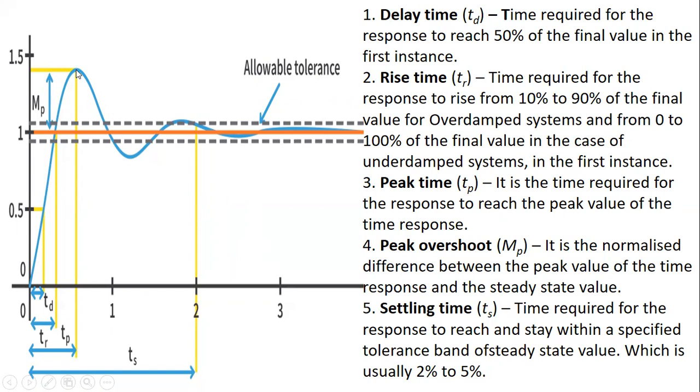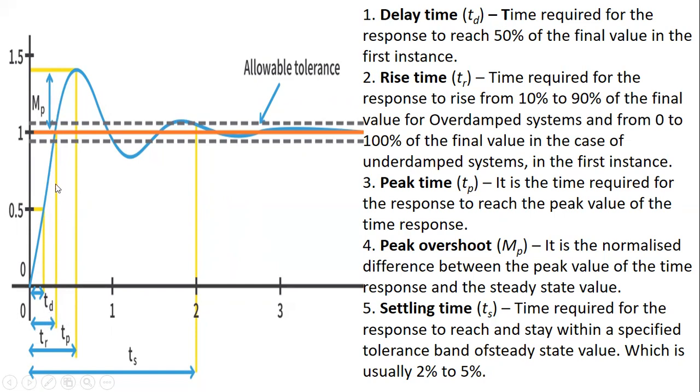Rise time is nothing but the time required for the response to rise from 10% to 90% of the final value for an overdamped system, and from 0 to 100% for an underdamped system in the first instance. That's the rise time you will see here. This is TR.